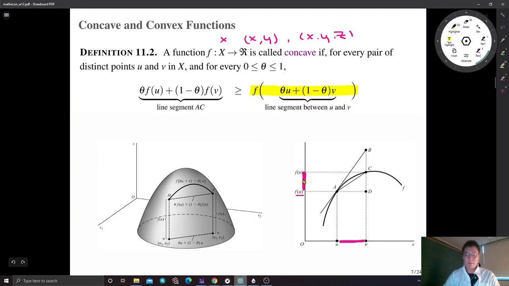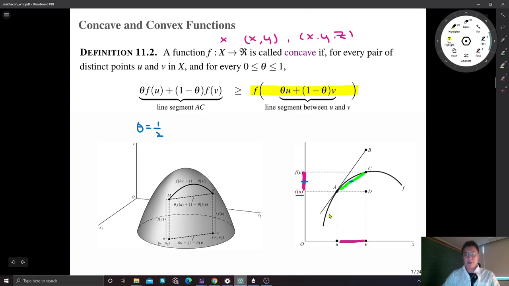In other words, that is the y coordinate of one point on this line segment. Suppose theta equals 1/2. Then we have the midpoint of this line segment, and that is going to be the y coordinate of the midpoint of line segment AC. We can call this expression on the left the line segment AC.